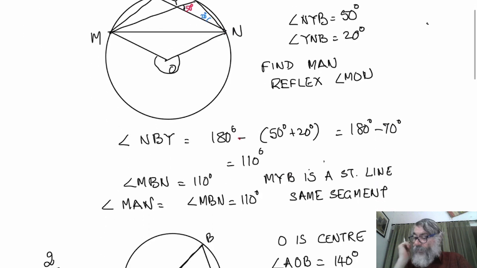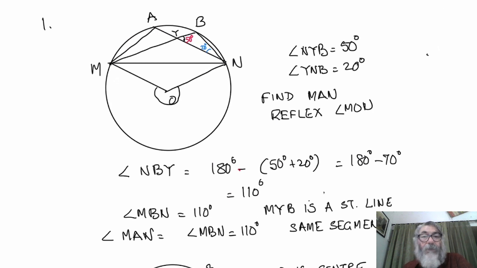Please understand what it means by same segment, because the two triangles are formed with MN as the base. MN, one of the chords of the circle, is the base, and we are forming two triangles in the same segment. MAN and MBN both will be 110.